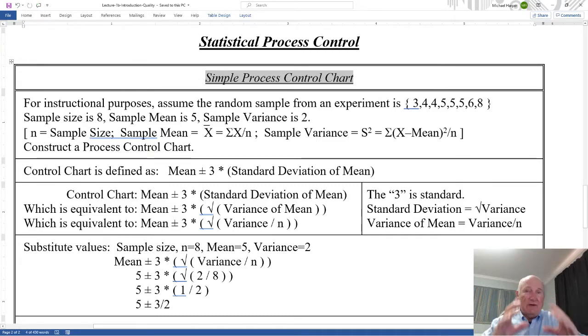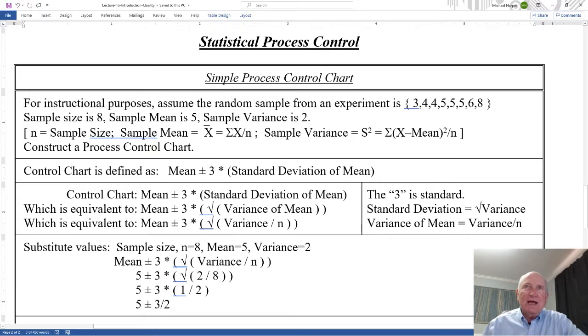Is this the right kind of variable or quality characteristic? Is this the right kind of approach? So let's go through this, and that's what I mean by instructional purposes. This is not necessarily practical across the board. In rare cases, this could be used as I'm giving it to you. But usually there's something more sophisticated, and that gets into a statistical process control lecture and course.